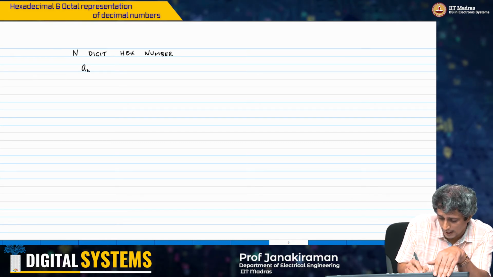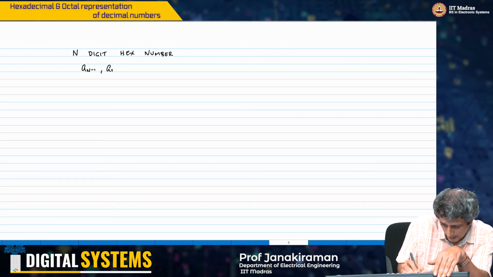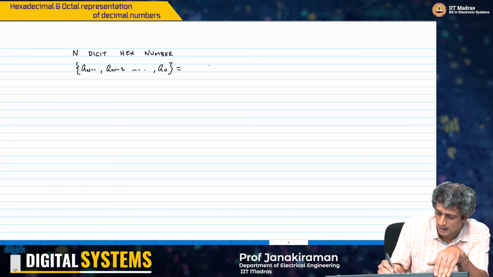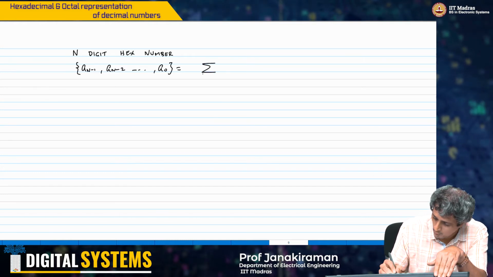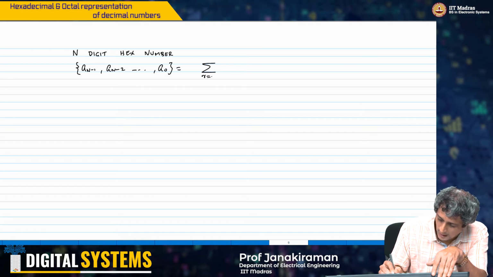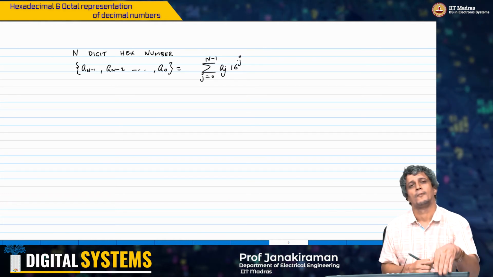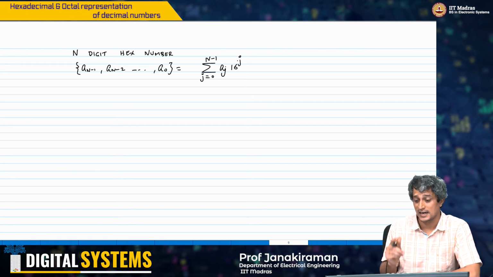I mean a(n-1), a(n-2) all the way to a0, right? And what is this numerically equal to? It is the sum over j equals 0 to n minus 1 of aj times 16 power j, right? This is a hexadecimal number.